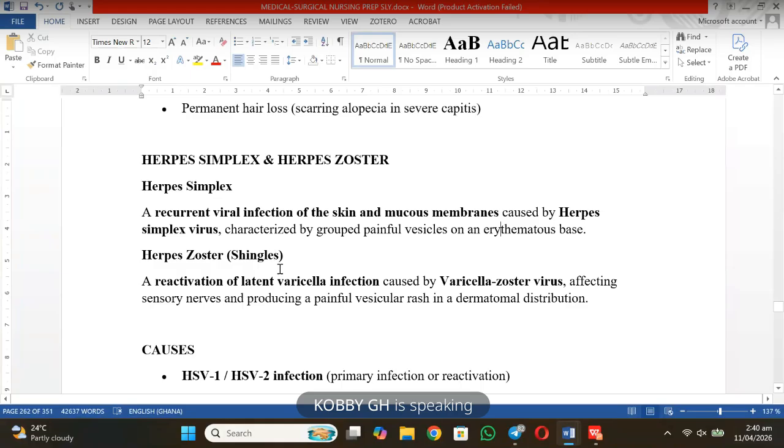Now we have the herpes zoster, which we also call shingles. The difference is that herpes zoster is caused by the varicella zoster virus. Which other condition is caused by this organism?